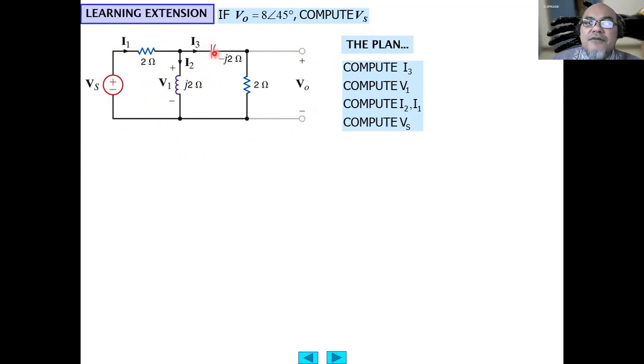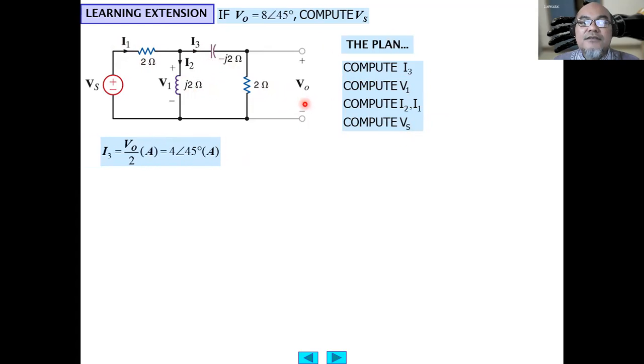But actually, if you have I3 already, you can use the current division formula to calculate I1, the reverse current divider formula. So no need actually to calculate V1. But okay, let's follow the instruction here. After that, then you can compute Vs.